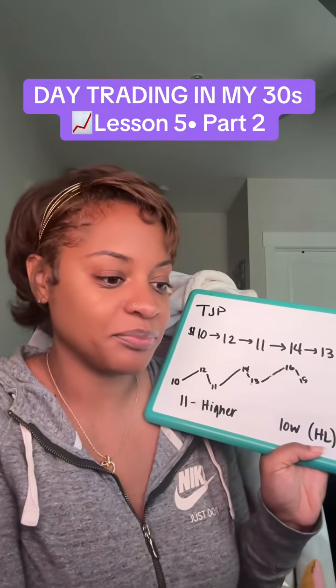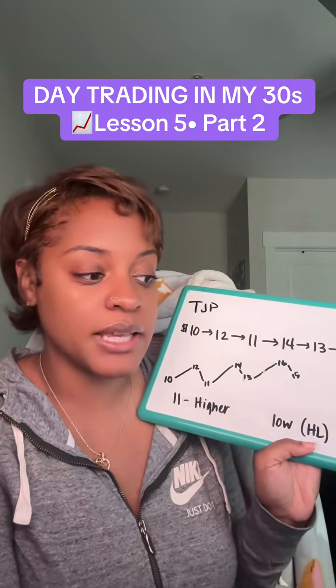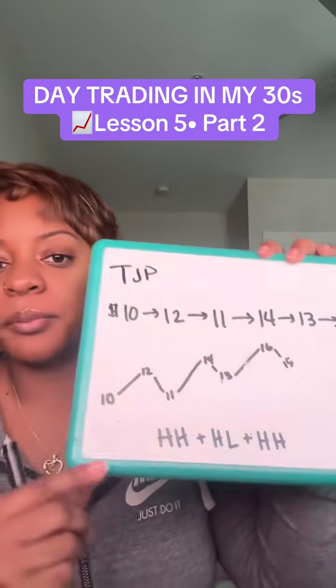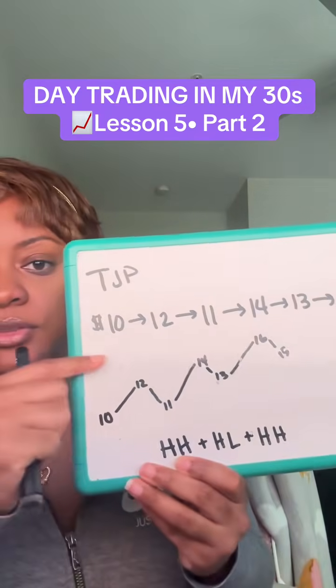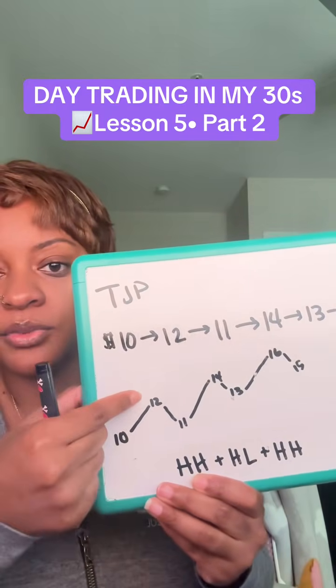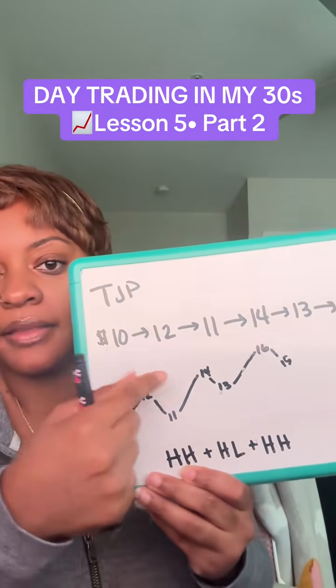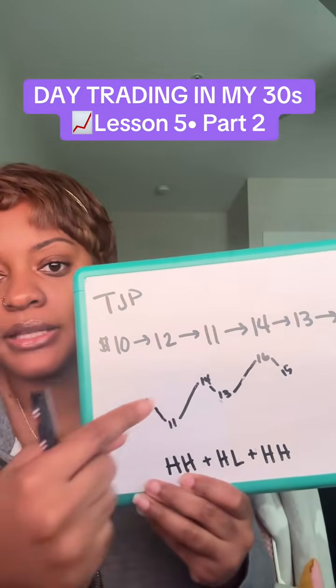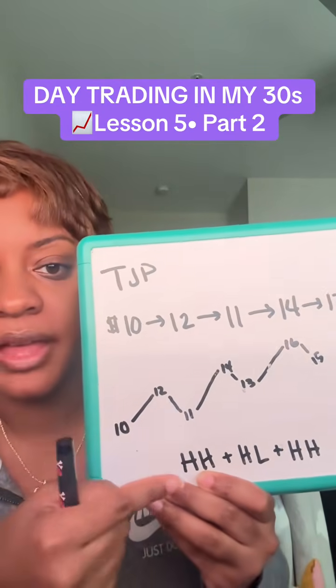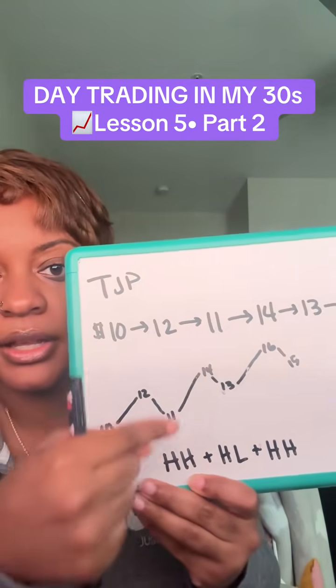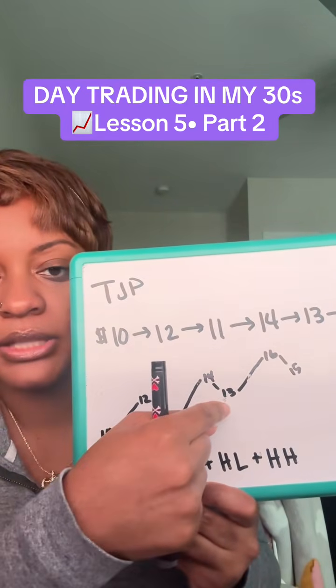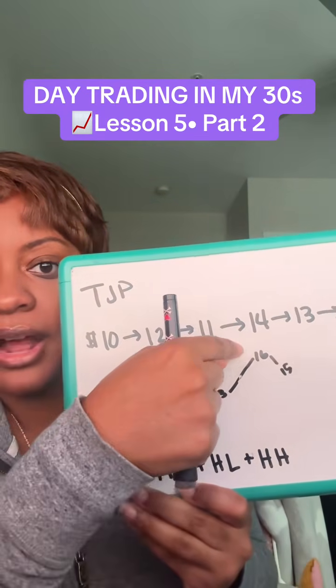Now, when we put them together, you see how we got a swing high, then higher highs and higher highs. But in between, of course, we have to have higher lows. So see, here is the higher high. The higher low is here. The higher high is here.